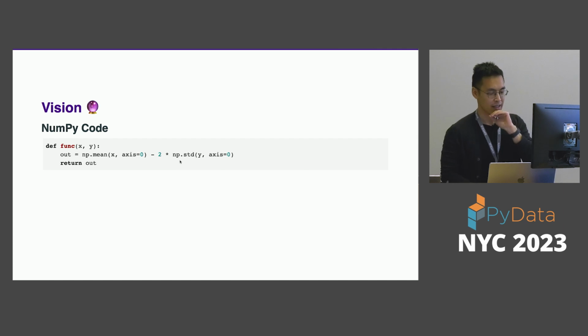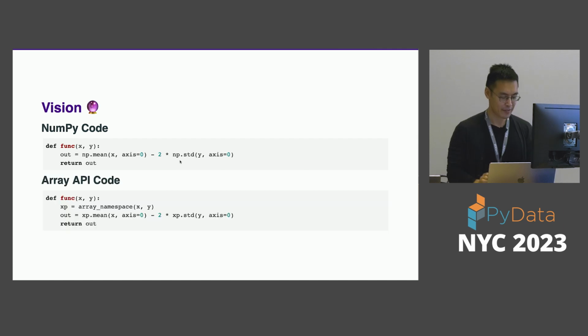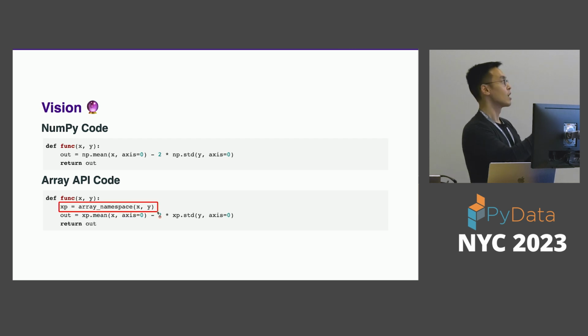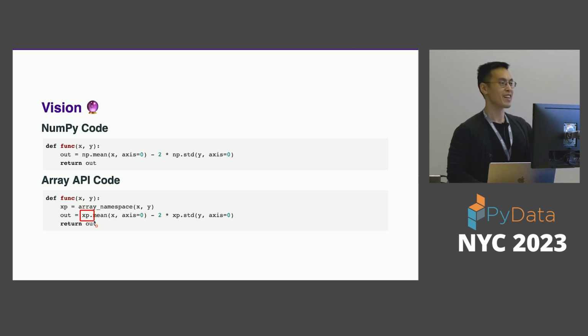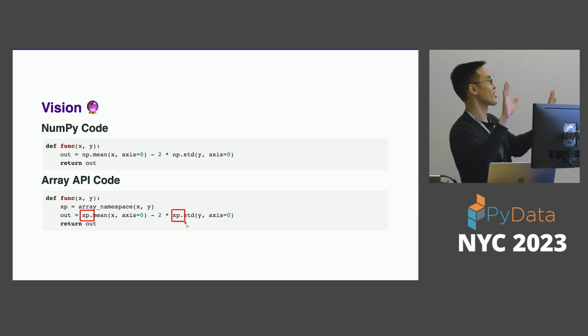The vision is, if you want to write array API code, instead of calling NumPy directly, we grab the namespace from the array object that the user passed in, grab the module, and then call the functionality from the module. In the PyTorch case, xp is just torch, and in CuPy's case, it would be CuPy, and so forth. This is the vision.